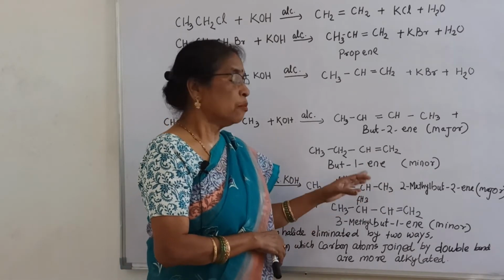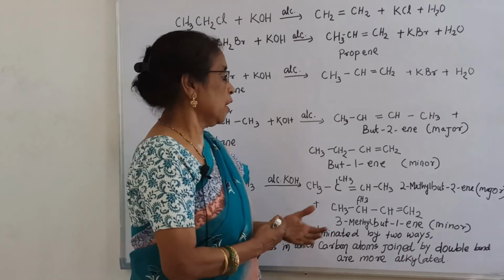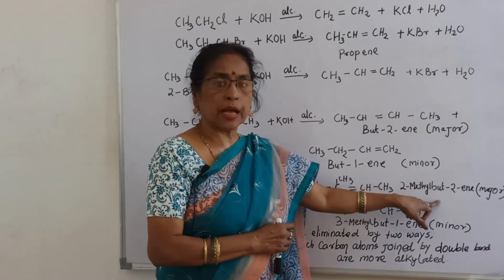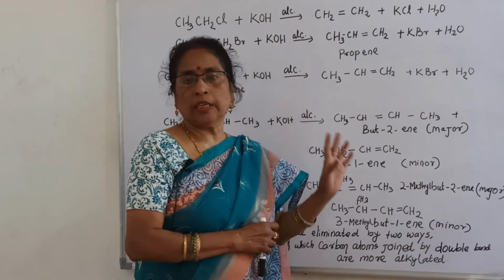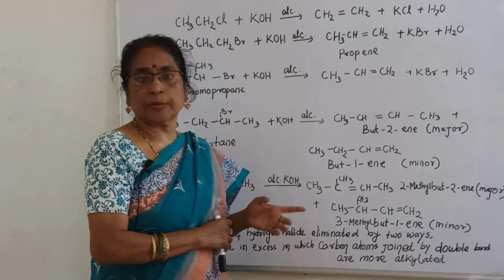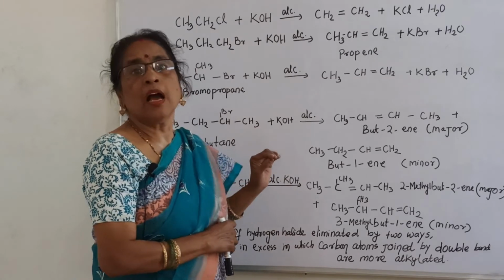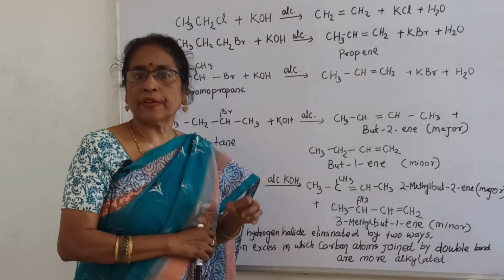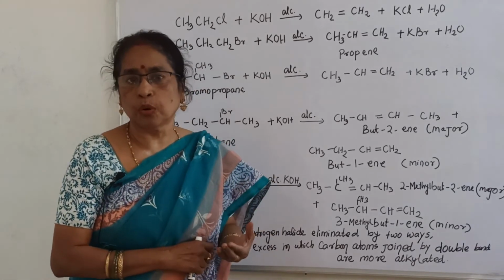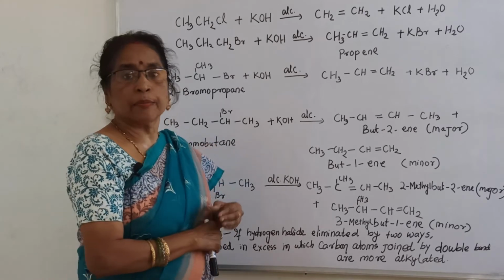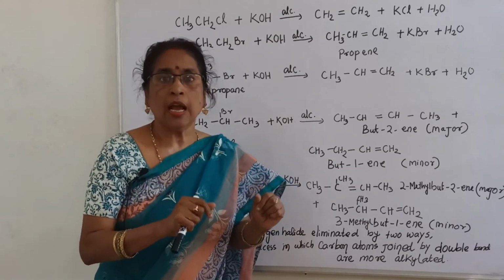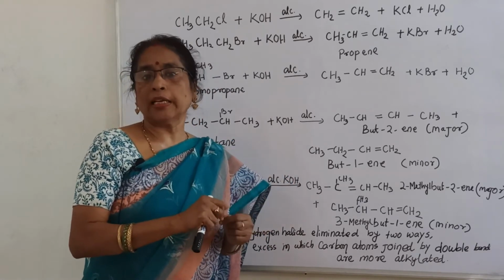In this case monoalkylated. Now you can say which is the major and which is the minor. This is the major product, this is the minor product. It is only possible by following the Saytzeff rule. Again, what is the Saytzeff rule? If hydrogen halide is eliminated in different ways, you check which alkene is the major product. You observe the carbon atoms joined by the double bond and see which is more alkylated.